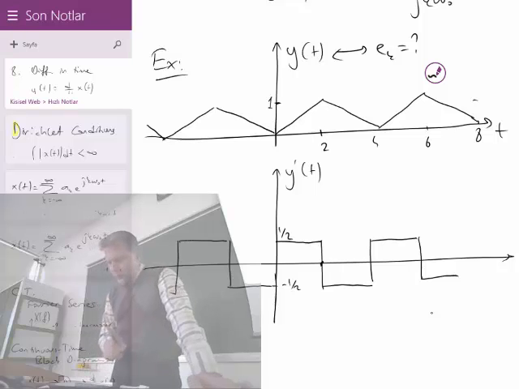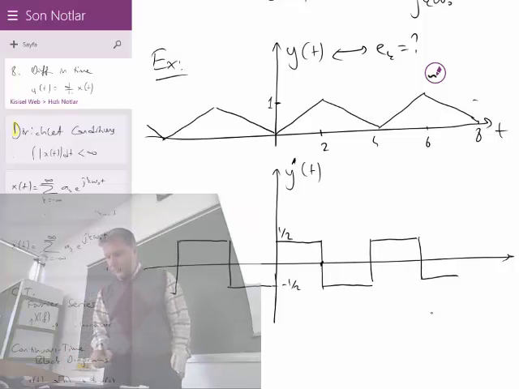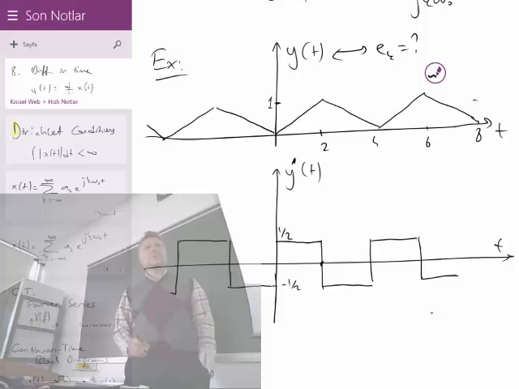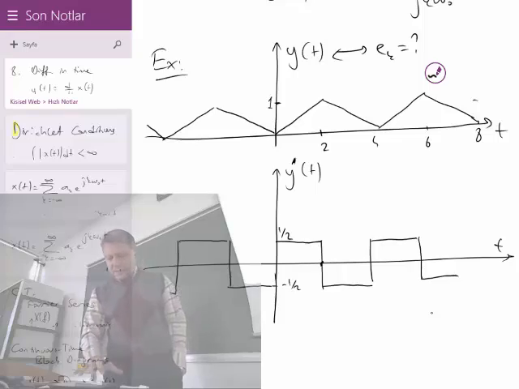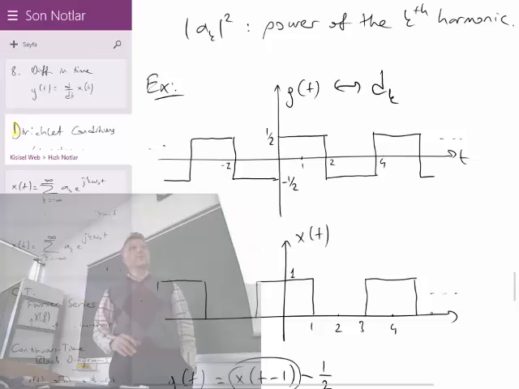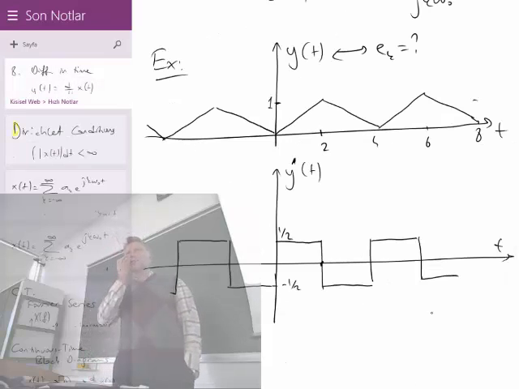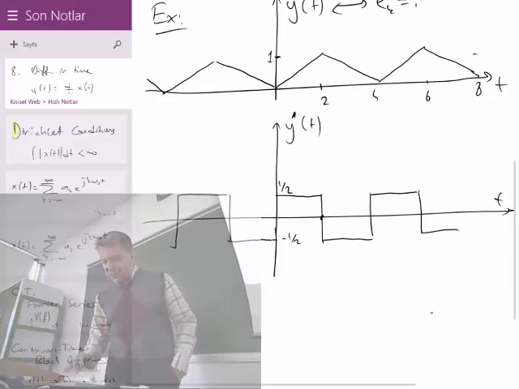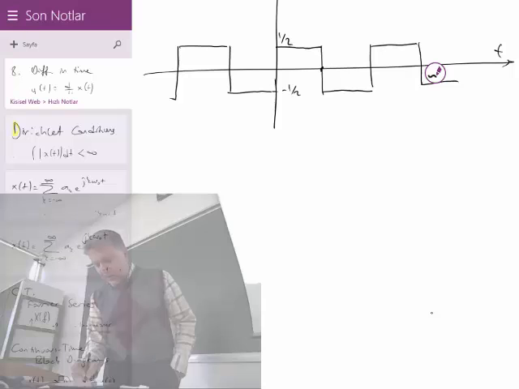Look at that. Do you remember this signal? That signal is from the previous question, which we called g of t. So we already know the answer for g of t. The Fourier series coefficients are coming from there.